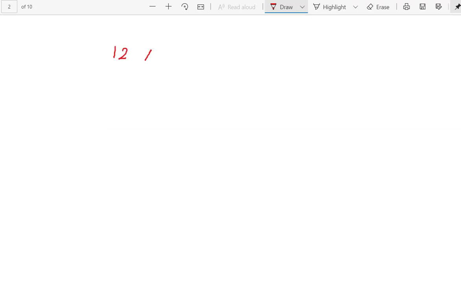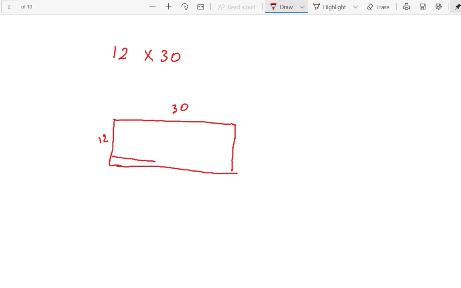To solve 12 multiplied by 30, we can use two ways. The first way is what we are using today. The second way is using the model. We will draw the model. 12 is small relative to 30, so 30 is a little bit more. We break the 12 into 10 plus 2.